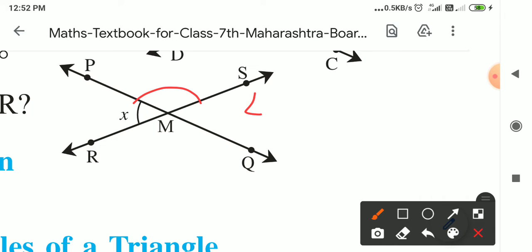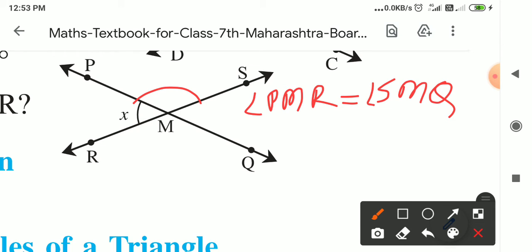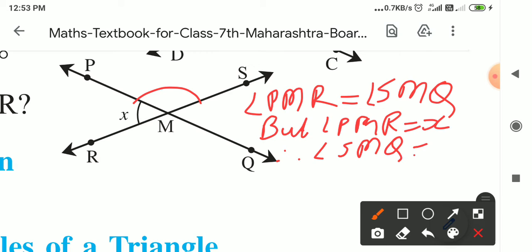First of all, we have to write that angle PMR and angle SMQ are vertically opposite angles, and therefore angle PMR is equal to angle SMQ. But angle PMR is X, therefore angle SMQ is also X.